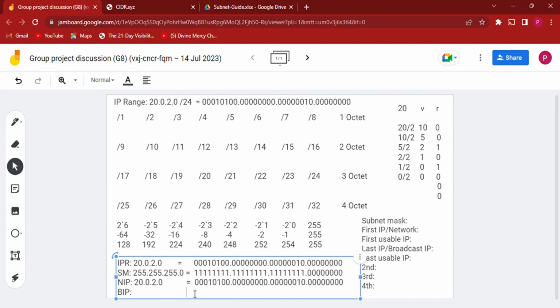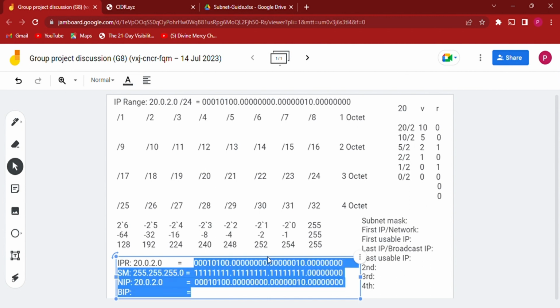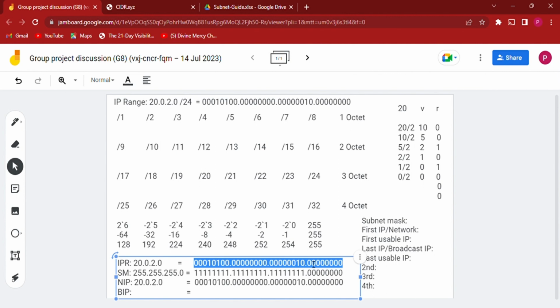So now our IP range is this, and we are saying that we are reserving this for the network, so we cannot touch it. We'll keep it intact. Dot, the rest that we are reserving for the host, let's switch it on.